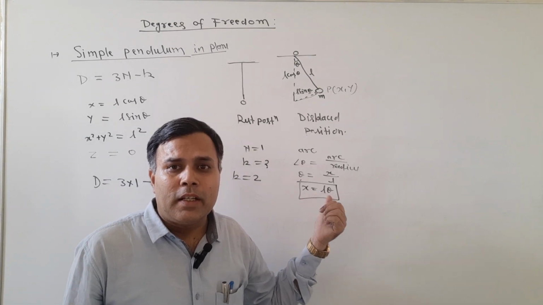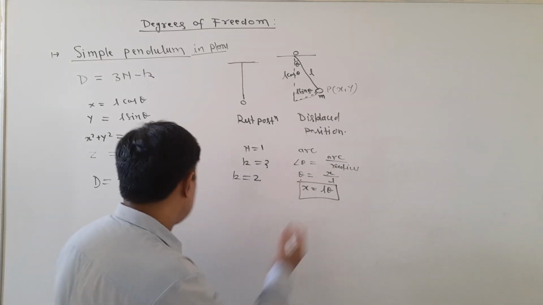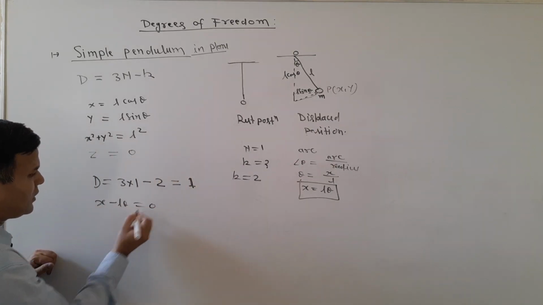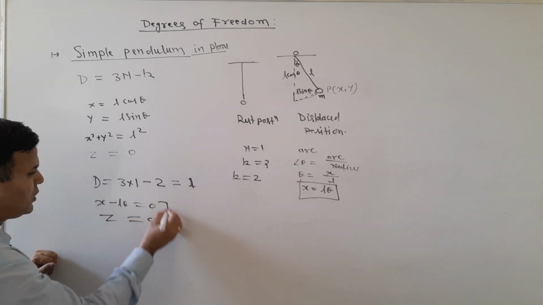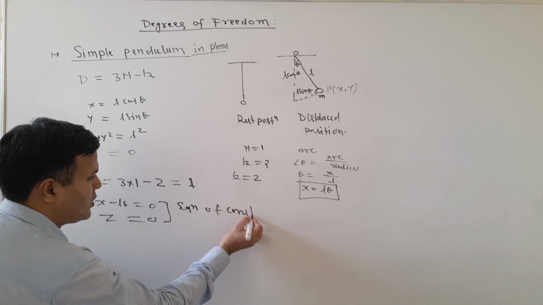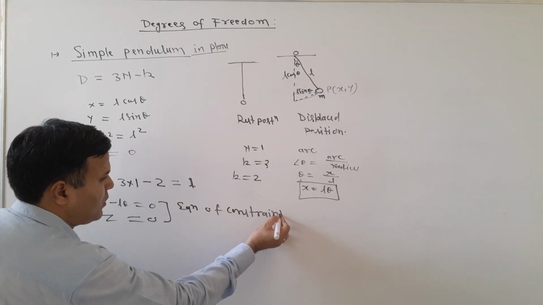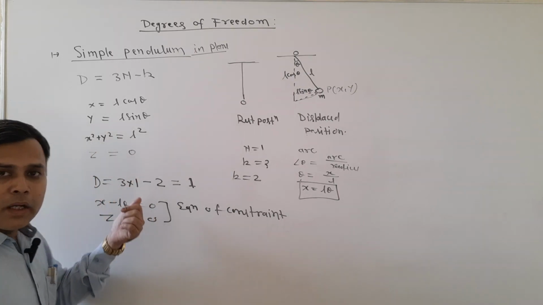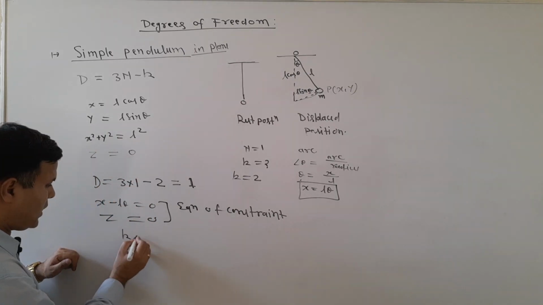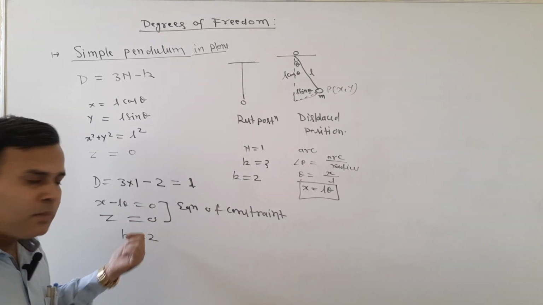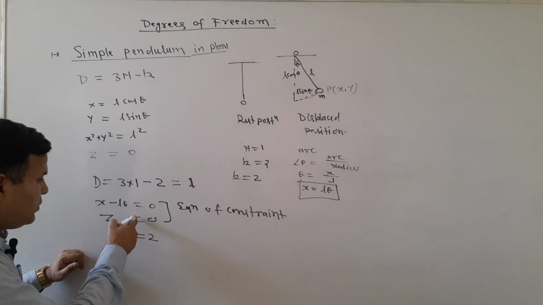So x minus L theta is equal to 0, and there is z equal to 0. This is known as the equation of constraint, and k is the number of equations of constraints. K is 2 because we have two equations of constraints in this pendulum.